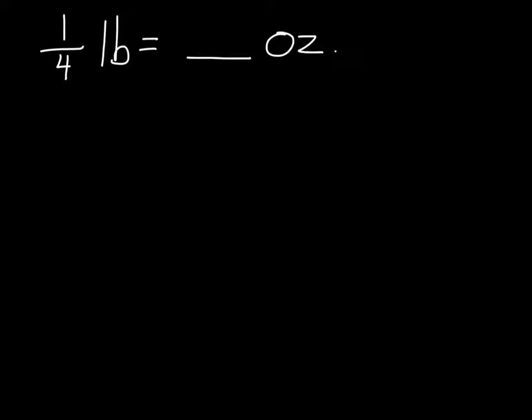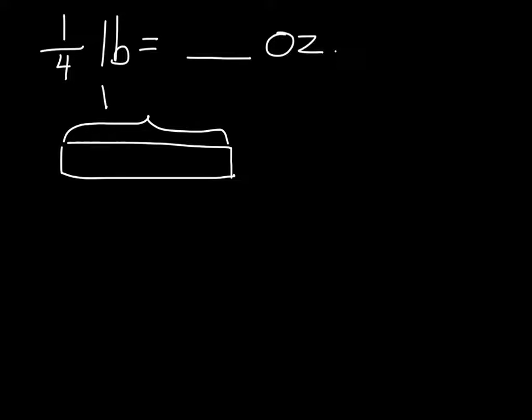So we're starting off with 1/4 pound, and we want to know how many ounces are in 1/4 of a pound. So I'm going to draw my tape diagram, and the whole would be 1 pound, and I'm going to divide it into 4 equal pieces so I can find out what each fourth is worth, and that's where my question mark will be.